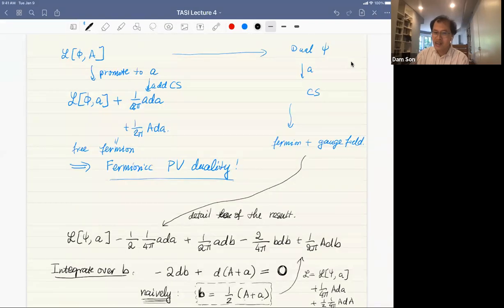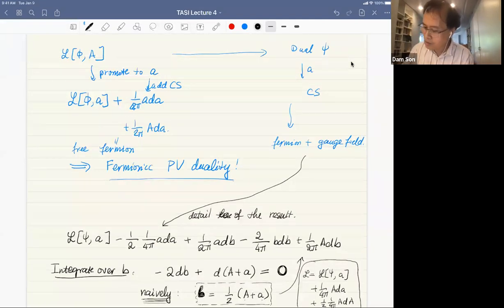It's a configuration with flux of B that is half integer, and the configuration is not legitimate. And so only if we do this naive integration procedure do we get the theory that we wrote in the beginning as the candidate for the dual of the free fermions.